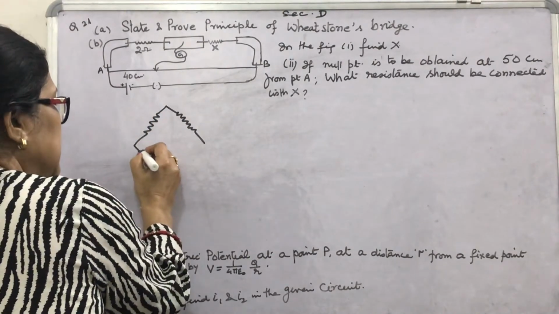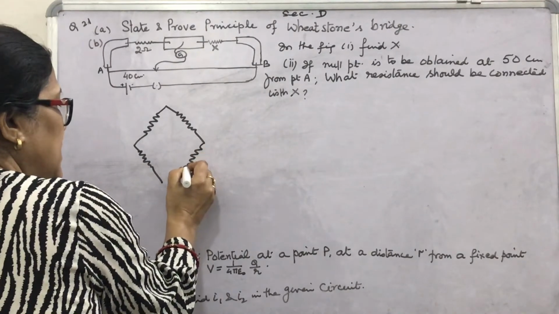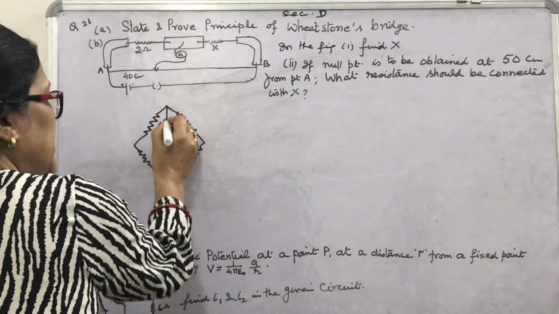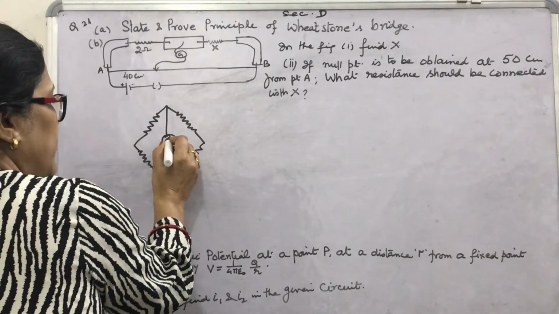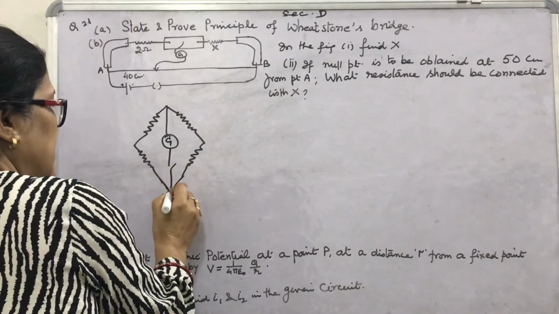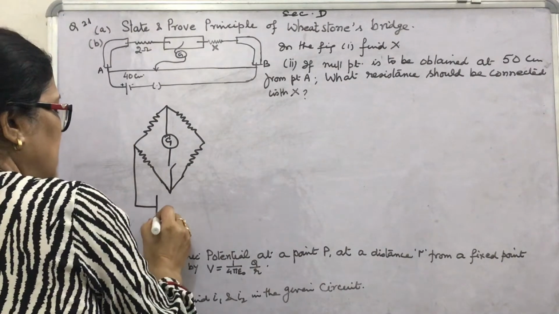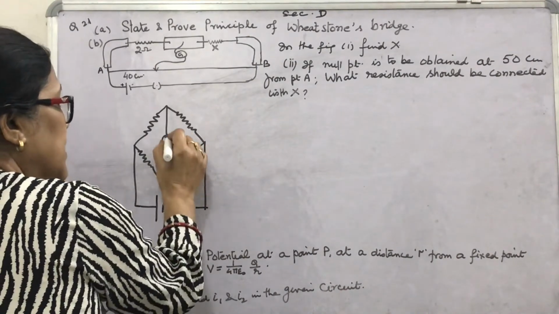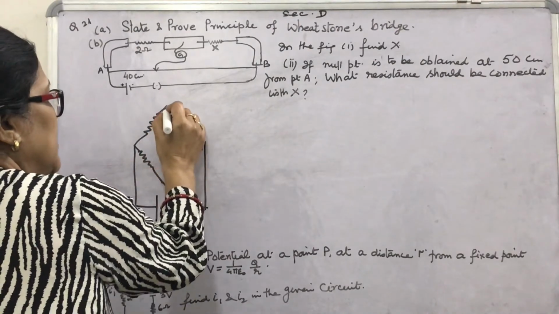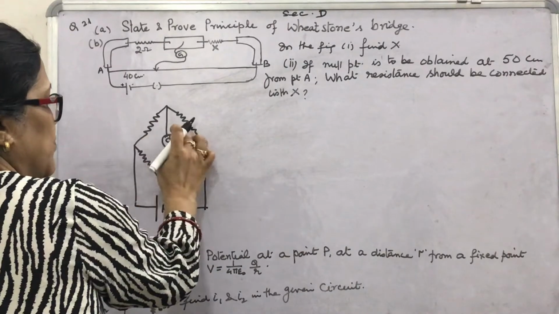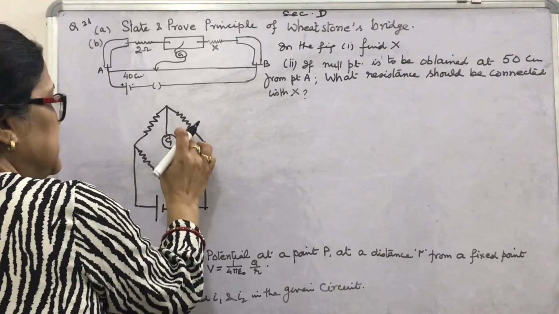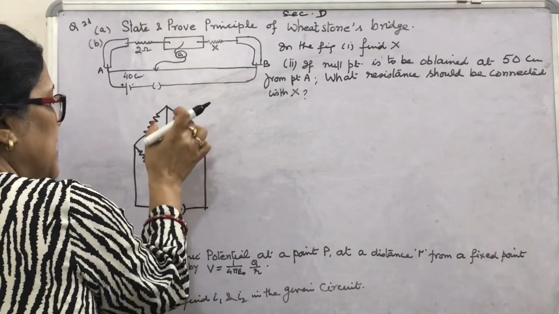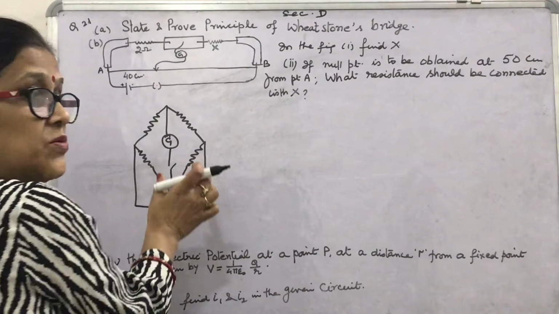If four resistances are connected in such a way that they represent four sides of a parallelogram, and in one diagonal a galvanometer and in the other diagonal a cell is connected, then if there is no current through the galvanometer, this bridge is said to be balanced, and the ratio of resistances of two adjacent sides is the same as the ratio of resistances of the other two adjacent sides.